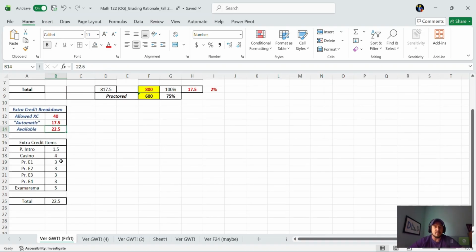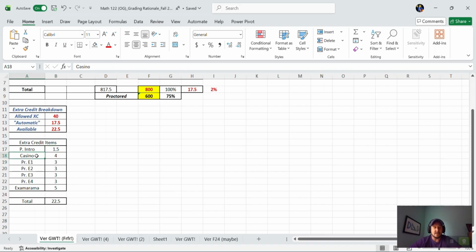Now, usually I give bonus points when they do practice exams and earn a score of 85% on a single attempt. There's usually a final exam review session our tutoring center hosts towards the end of the semester, and if students attend for at least 1 hour, I assign them 5 bonus points. I usually have them do a personal intro at the start of the semester, which I'm going to count as 1.5 points if they do that.